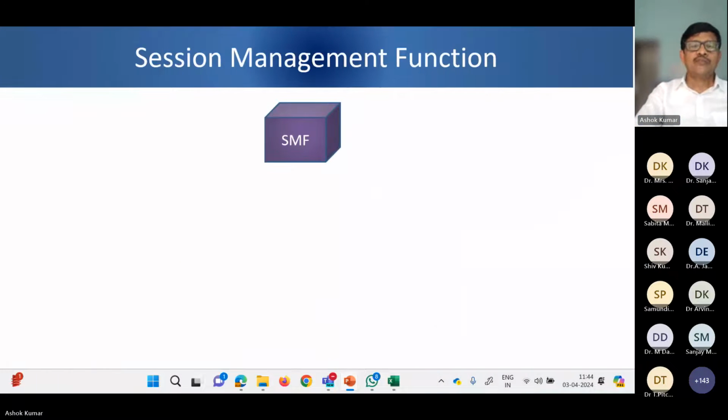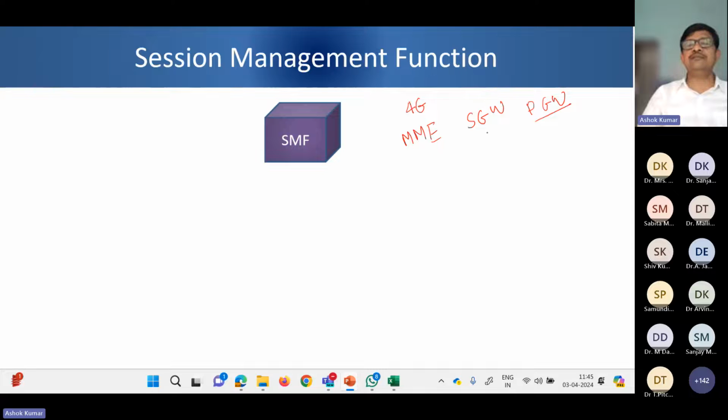Okay. So now let's talk about SMF. As the name suggests, this is the session management function. If I compare with 4G, session management work was done partially by the MME, partially by the serving gateway, and partially by the PDN gateway.